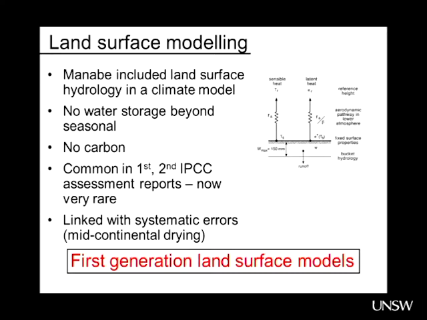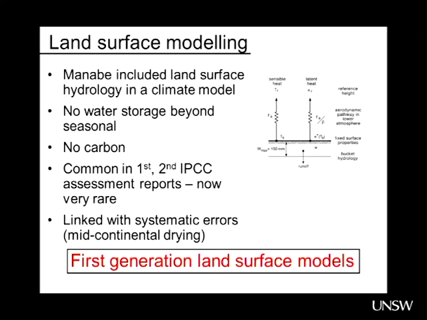If you go back to papers by Manabe and Wetherald and others, you will find lots of early papers, including some in Nature, which showed one of the key projections from future climate simulations being mid-continental drying. This turned out to be because this land surface scheme didn't parameterize seasonal water storage very well.